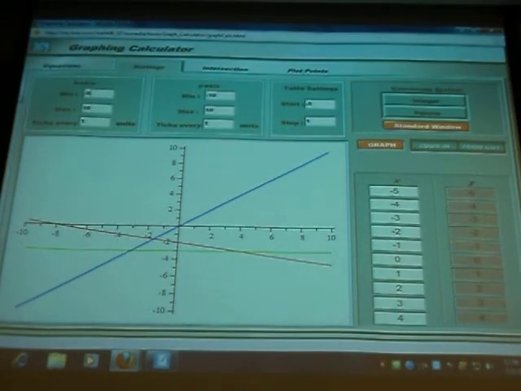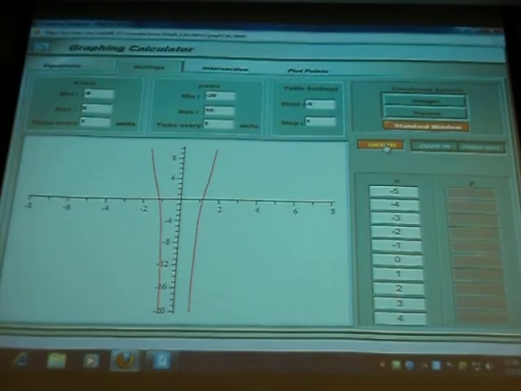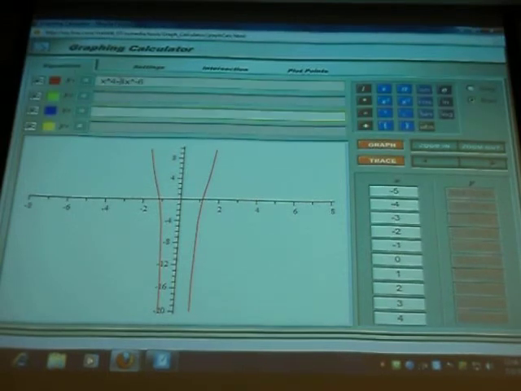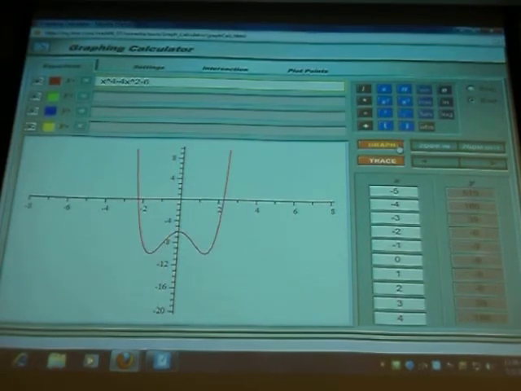I'm going to do negative 8 to positive 8. And then on y, I want to do negative 20 to 10. Now, what did I do here? I lost the number. That's why my graph looks crazy. There we go.